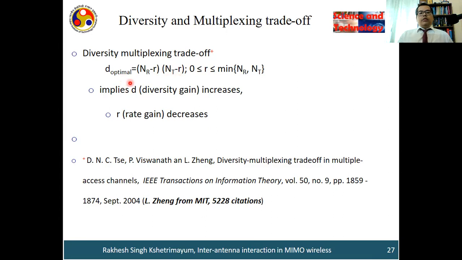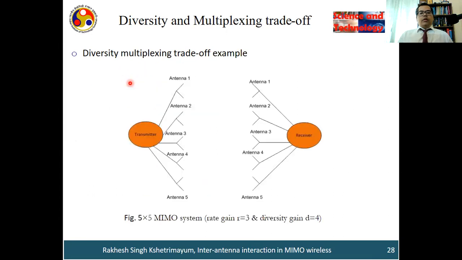Let us do a simple case study to understand this diversity multiplexing trade-off. This is a 5 by 5 MIMO system where 5 antennas are employed at the transmitter and 5 antennas at the receiver. You have a trade-off between diversity and rate gain. We cannot use all the antennas for diversity gain or rate gain.